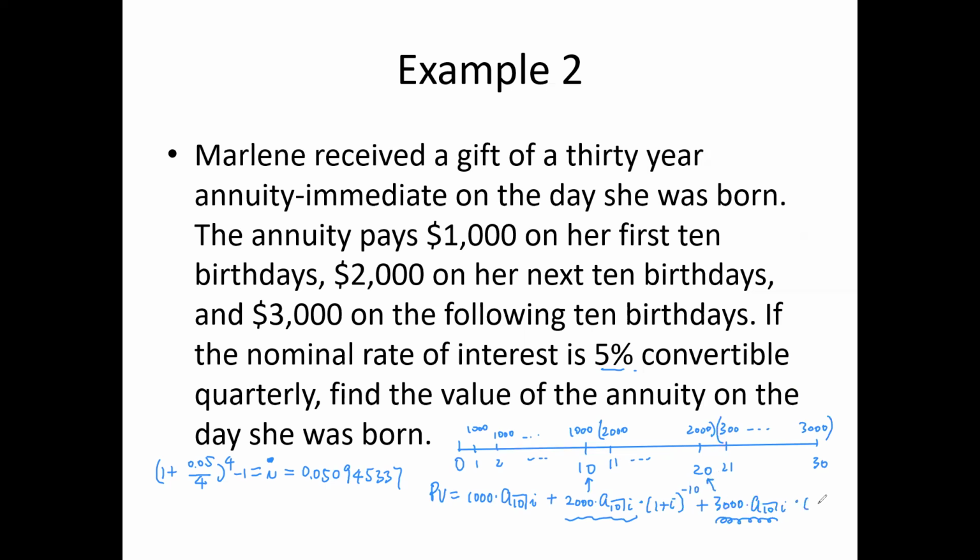So you need to discount back by 1 plus i to the negative 20, then you will get the present value at 0. So add them up. Okay. The answer is 25575.19.